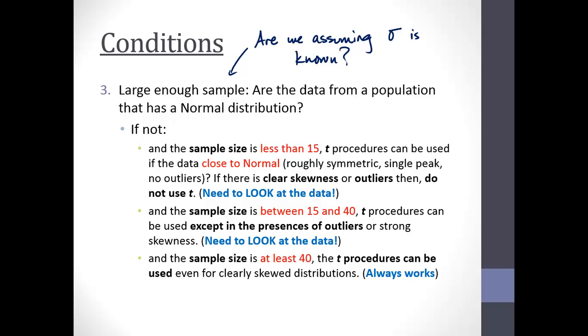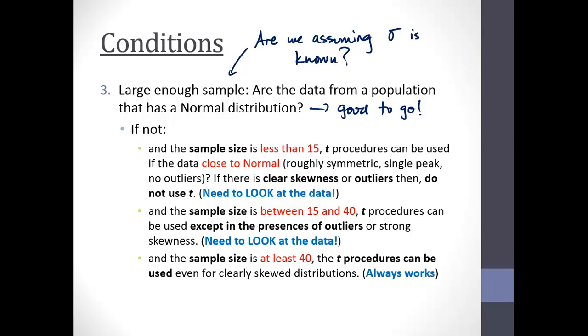You might get a question that tells you what sigma is, but this chapter is the more real-world situation, where sigma is not known. So the first question to ask is: are the data coming from a population that has a normal distribution? If the population is normal, then we're good to go. If you're in that rare case, you're ready to roll.